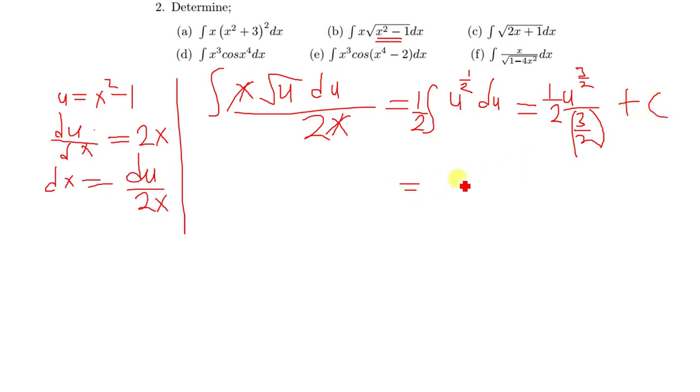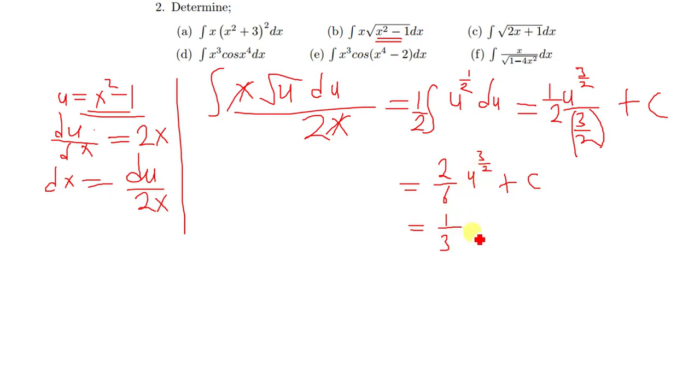So here you're just going to have something like this. This will give you 2 over 6 u to the power 3 over 2, and then plus c. So here what you do again, you just replace this u with the original function there, and then you can reduce this to 1 over 3, and then while there is u, I'm replacing with the original function.